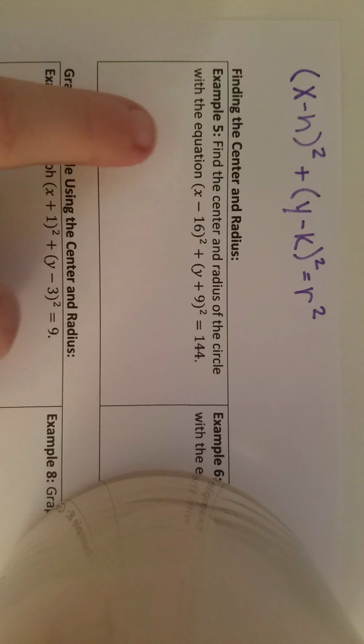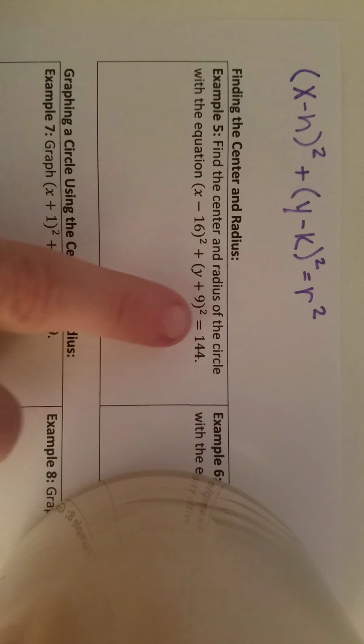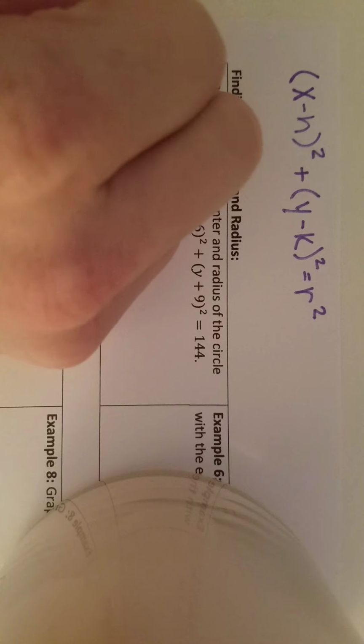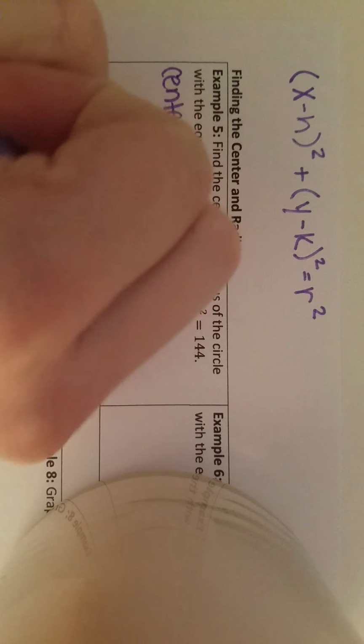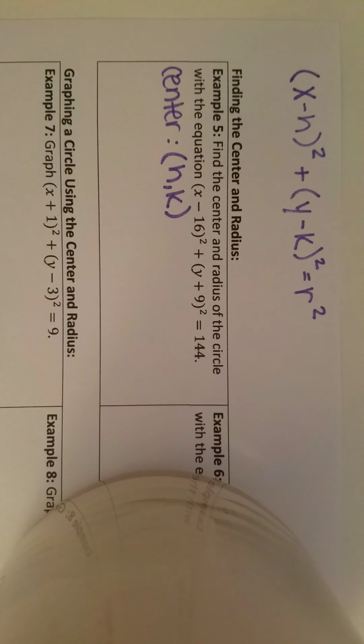So first, example 5 says find the center and the radius for this equation here. So we are going to start with the center. We're going to start with the trickier part. The center is always h comma k, x and then the y.